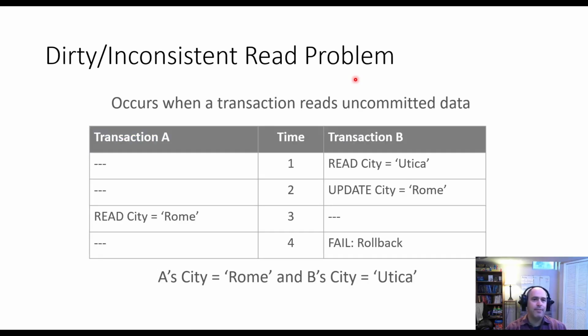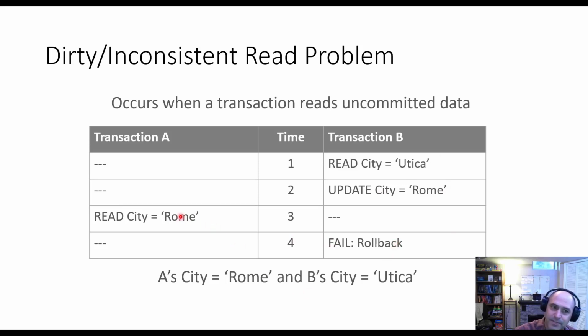A more common problem when you don't isolate your transactions is what we call a dirty read. And a dirty read occurs when you read uncommitted data. So let's do another example. So we read the city Utica, and then we update that city to be Rome. And then somebody else comes in and reads the city, and they're like, oh, it's Rome. And then we roll back.